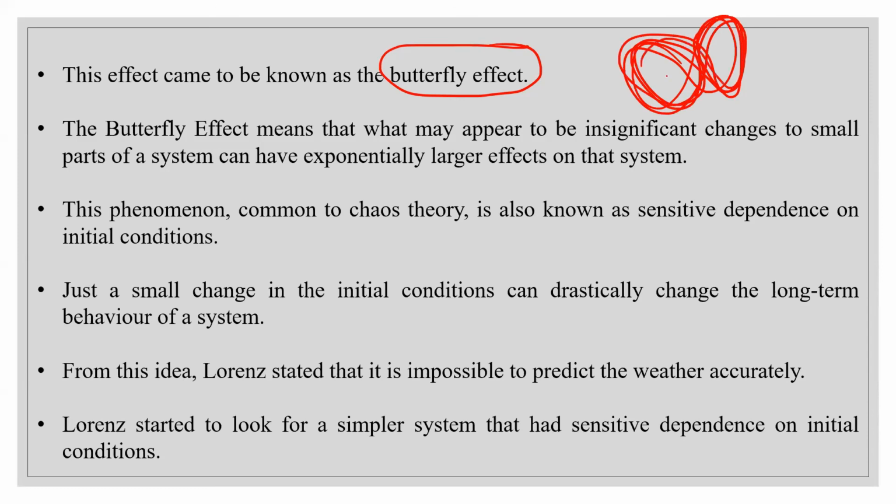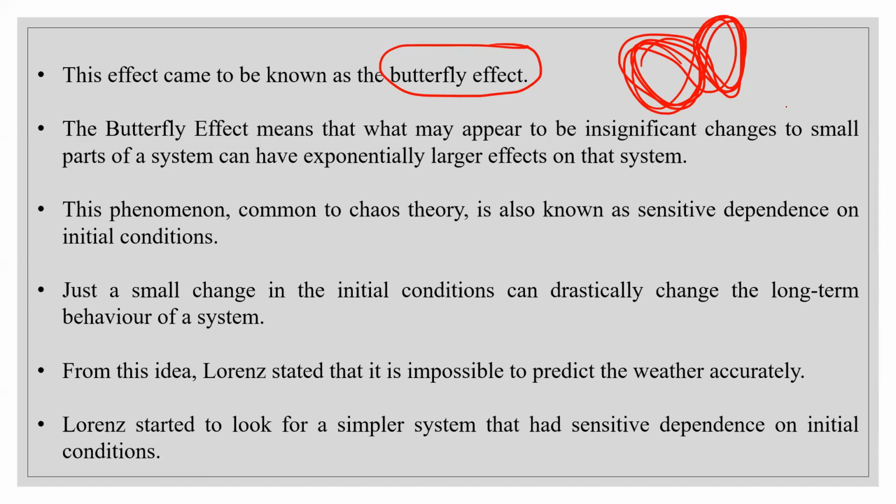It looks like a butterfly. And he also gave an analogy: suppose a butterfly flaps its wings in Brazil, it can create a tornado in Texas. It means a very small difference in one part of the system can produce an exponentially larger effect on the system.